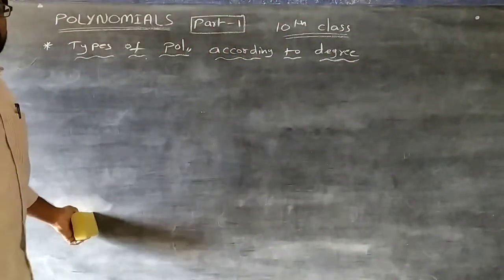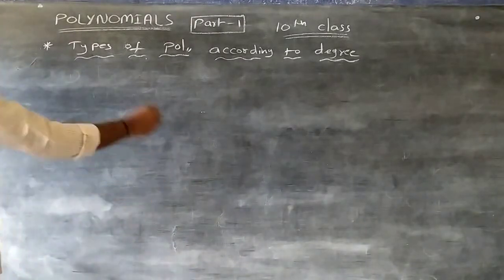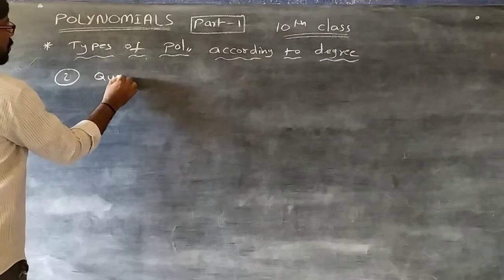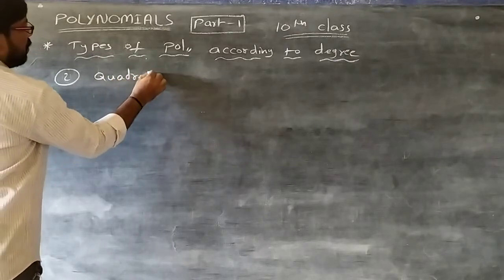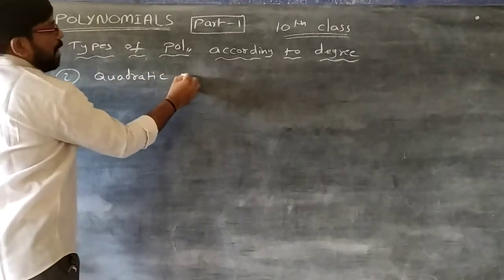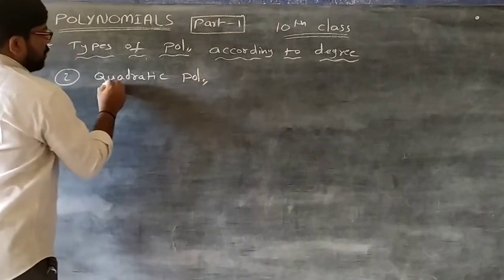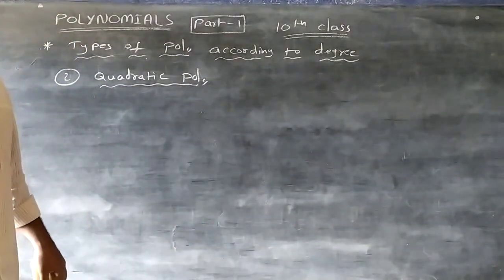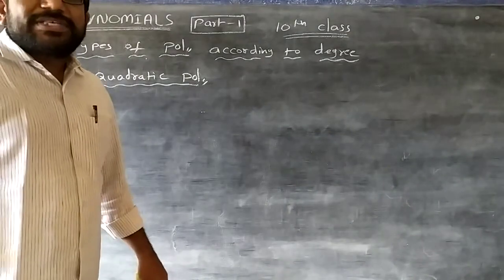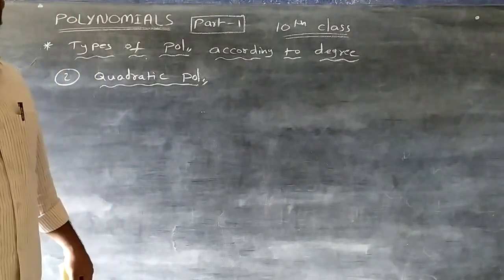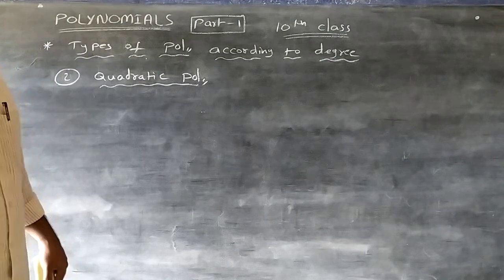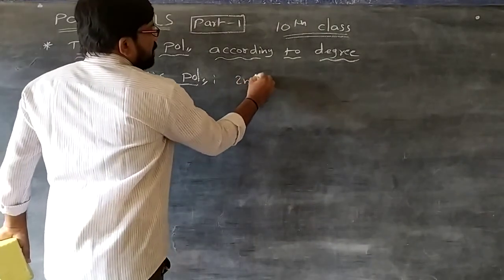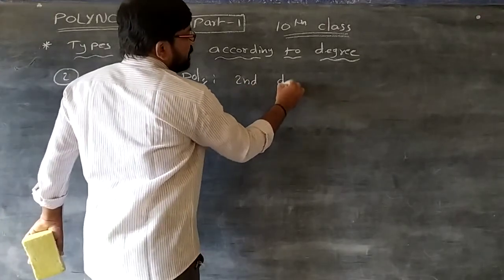Next, go for the second type, quadratic polynomials. What is the degree of a quadratic polynomial? Degree is 2. Second degree polynomials are called quadratic polynomials.